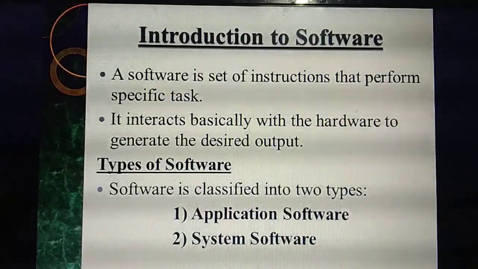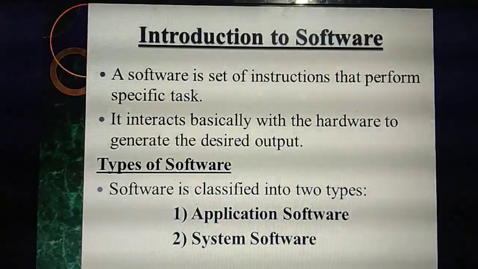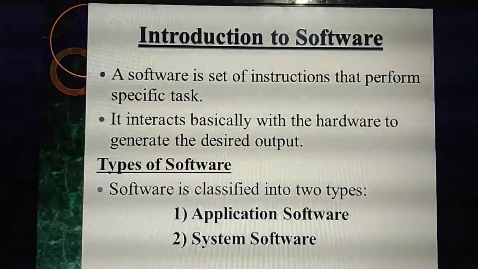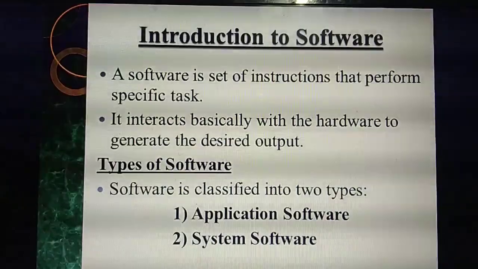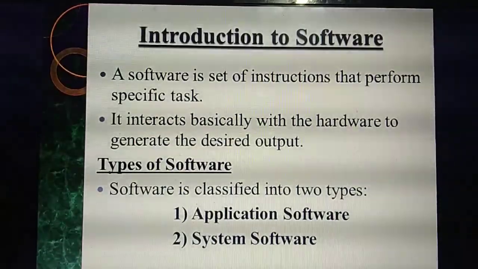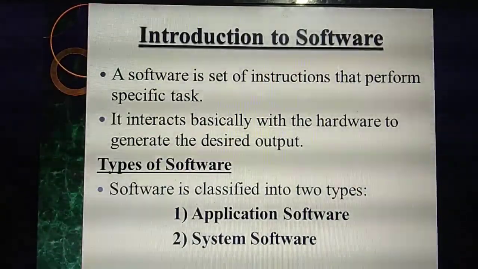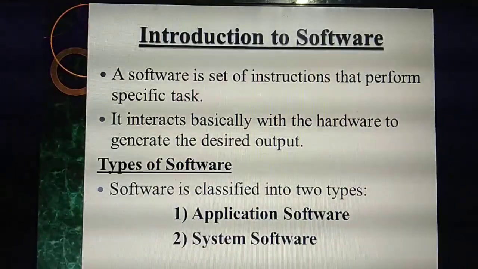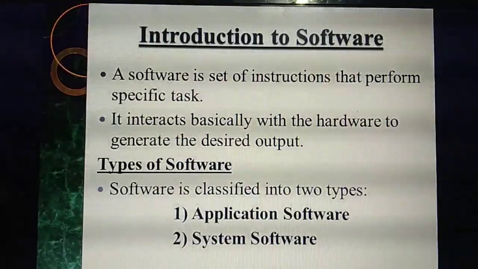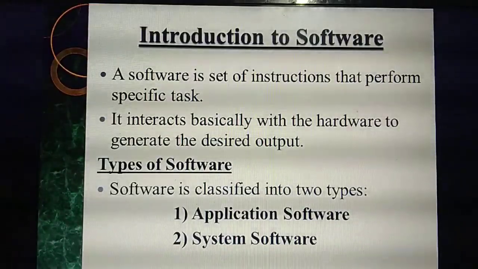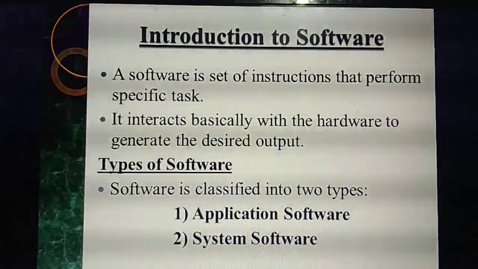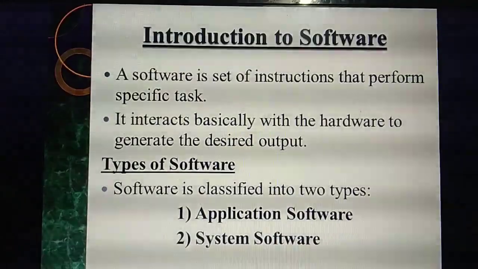The operating system may be Windows XP, Windows 7, Windows 8 or Windows 10, maybe Ubuntu or Linux. These are examples of operating systems. Before you study about the operating system, first you should know what you mean by software.